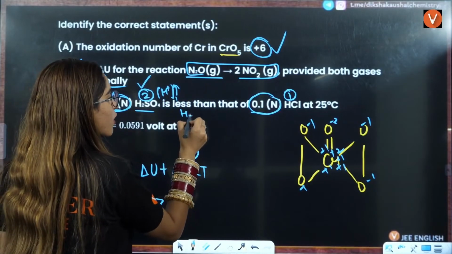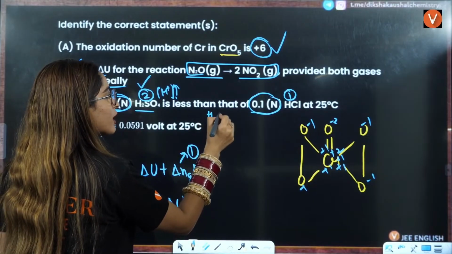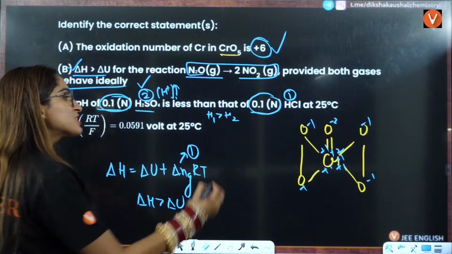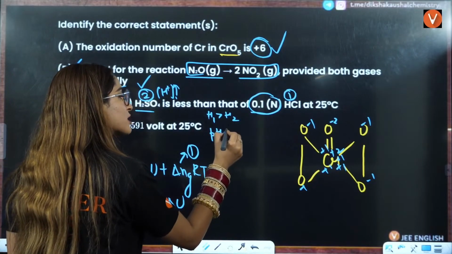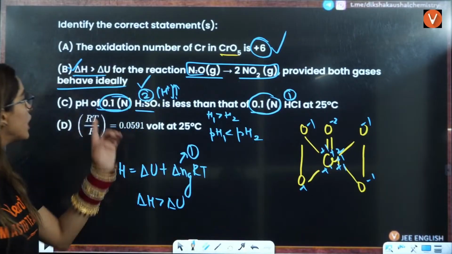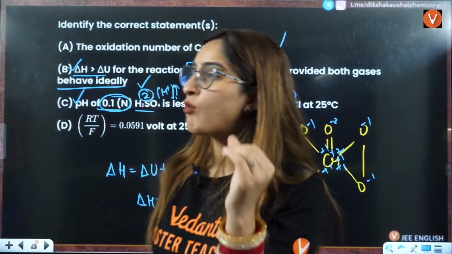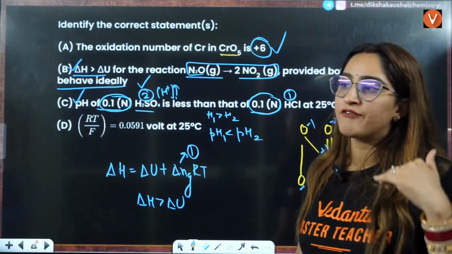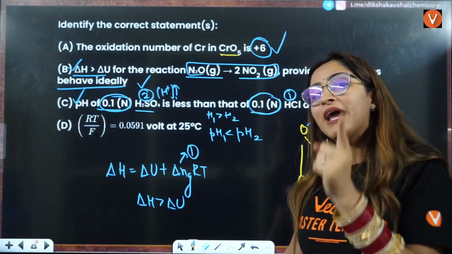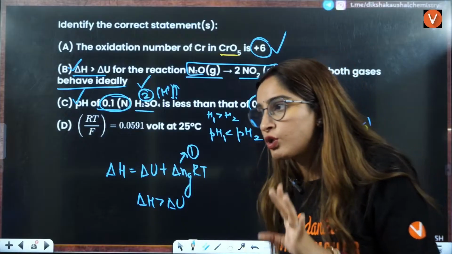We can say the H positive concentration of 1 will be greater than the H positive concentration of this HCl. pH is inversely proportional to that, so pH of 1 will be less than pH of 2. That is also a correct statement here. Because if the molarity, or the n factor, increases, concentration increases, but pH is minus log of concentration, so pH is inversely proportional to the concentration.